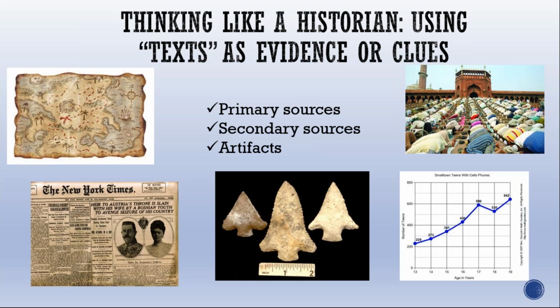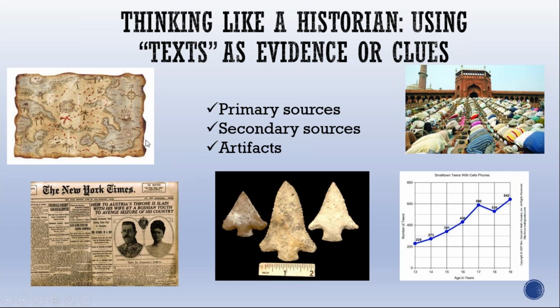I think part of it is changing our mindset as teachers, so that we look at a variety of text. And if you notice, I put text in quotes because in the literacy world, text means anything students can get information from. So how do we look at all these different texts in social studies as a way of thinking about evidence or clues?